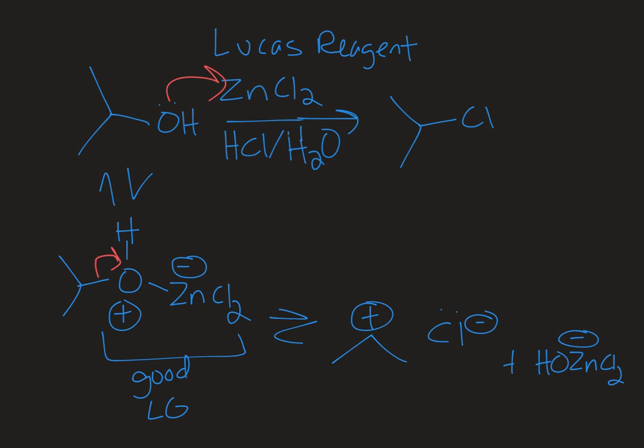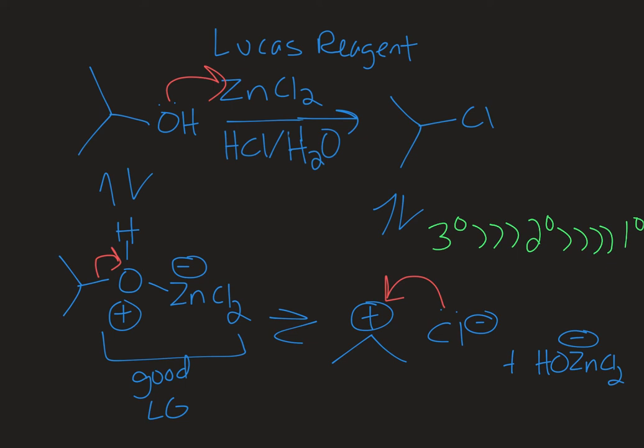So once it leaves, a chloride ion that's in solution can come in and attack, and that will generate my alkyl chloride over there. So again, this type of reaction works best for a tertiary system, then a secondary system, and it really doesn't work very well for a primary system.